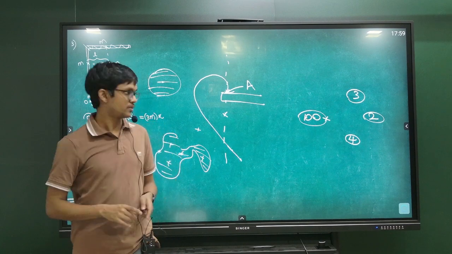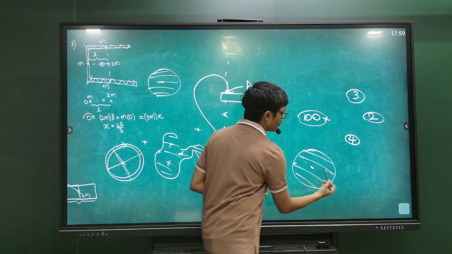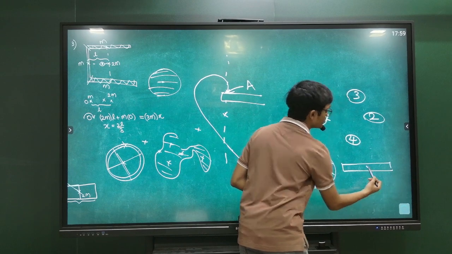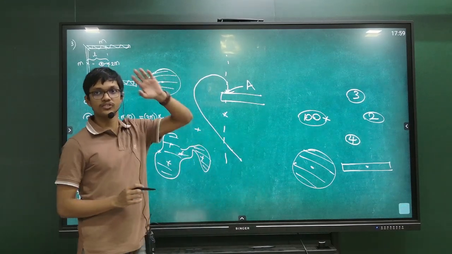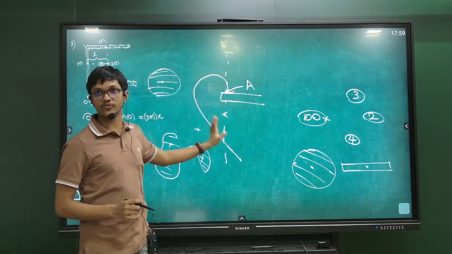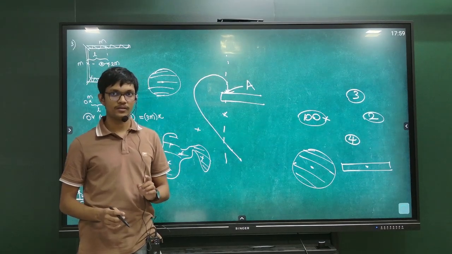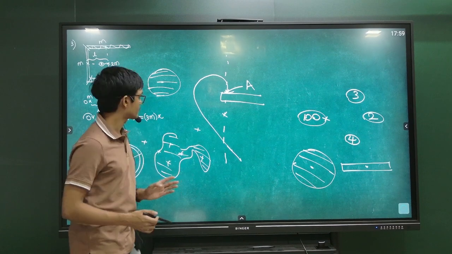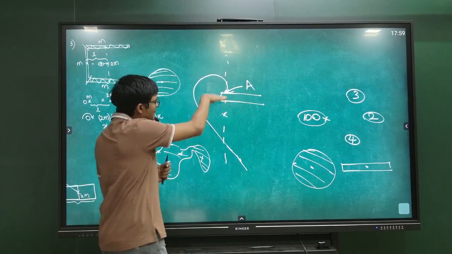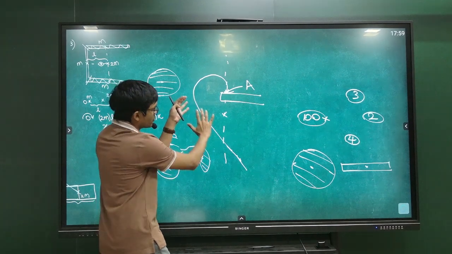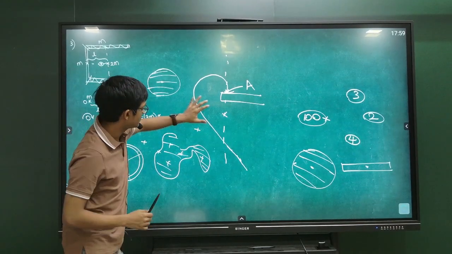Clear? So if the weight is equally distributed like a plate or a rod, then you can find it in the middle. When you consider the mass distribution of this system, I feel that center of gravity should be a little bit lower, because there's a lot of mass in this area.